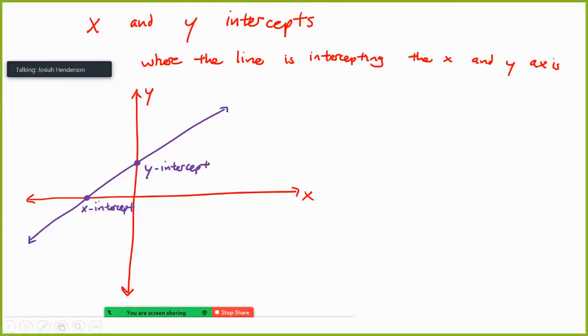All right, go ahead and take a picture, or if you're writing, I want you to copy this page down. We need to be able to find the x and y intercepts on the picture and just given the function equation, both ways.